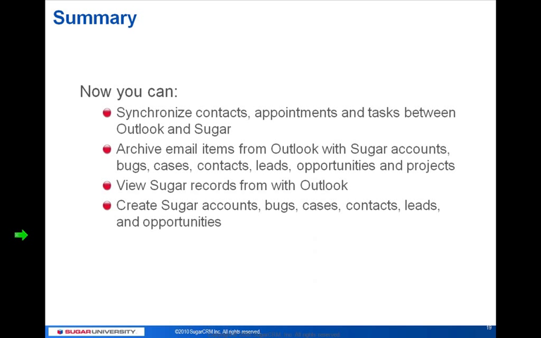Okay, here's a question. Can we sync contacts in bulk from Sugar or Outlook? The only way that it would be bulk from Sugar is if I had all of my contacts and they were marked as sync to Sugar, and when I click sync in Outlook, it would bulk sync them to Outlook.